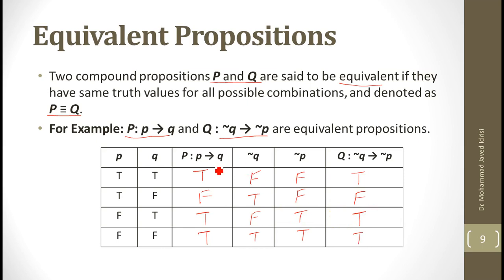You can see here the truth values of P implies Q and negation of Q implies negation of P are the same for each combination. For the first combination, both are true. For the second combination, both are false. For the third combination, both are true. For the fourth combination, both are true. So they are equivalent propositions.